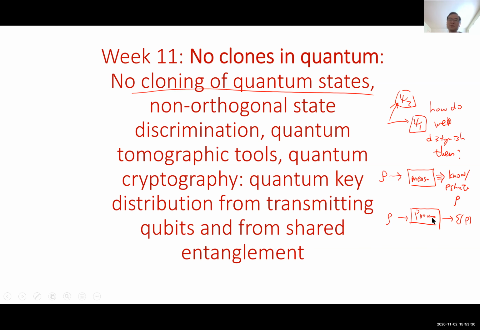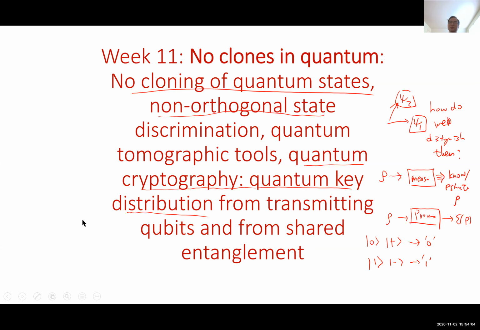And then I would also talk about one important subject in quantum cryptography, which is key distribution. By sending non-orthogonal states, sending 0 plus to encode maybe 0, and 1 minus to encode 1, there's some way to establish a secret key, which you can use for secure communication.